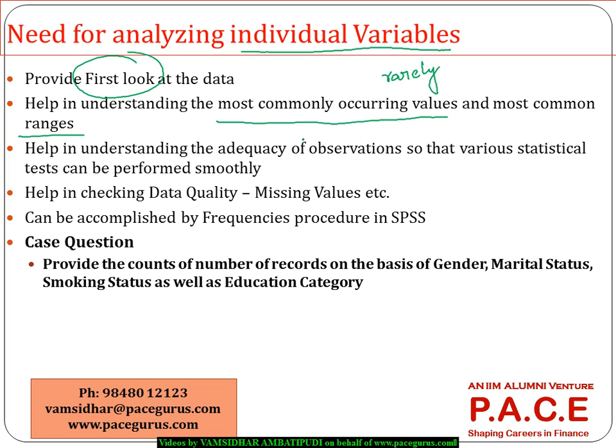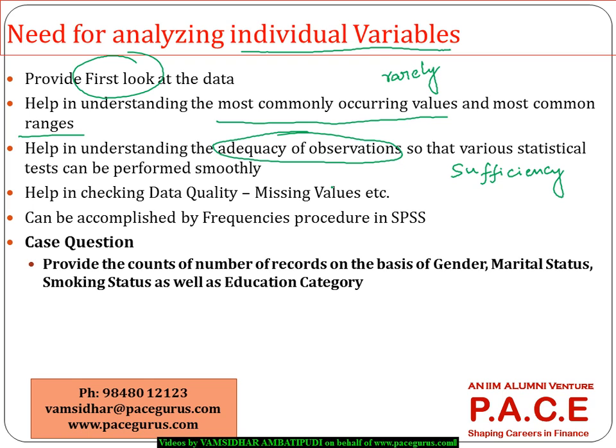At the same time, it also helps me to understand the adequacy or the sufficiency of the observations. Did I collect enough data? Do I have enough records in each of the subcategories so that I can perform better statistical tests later?